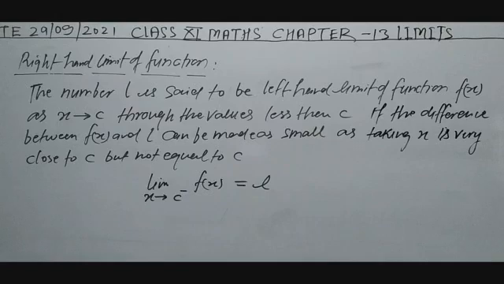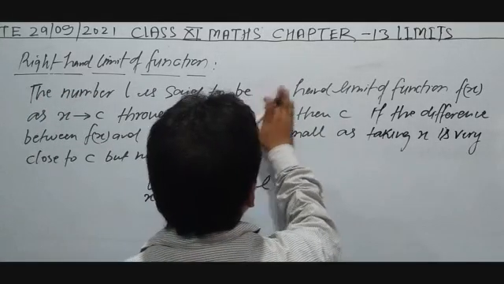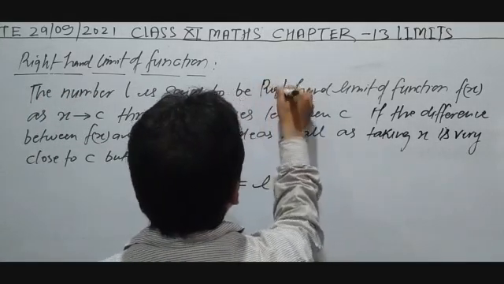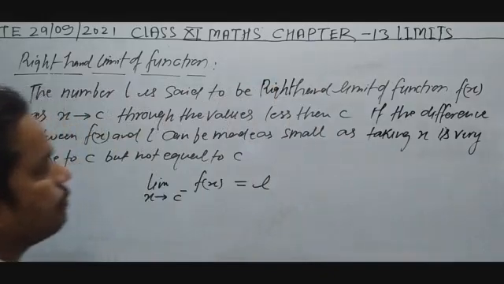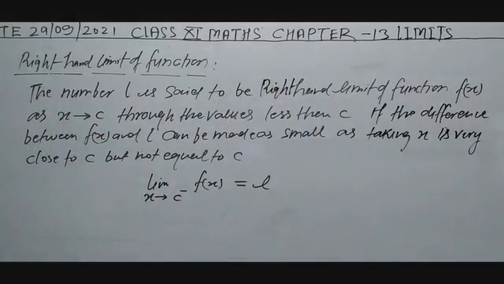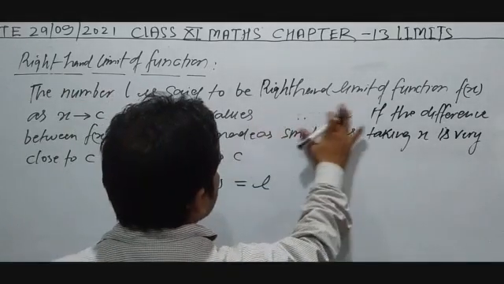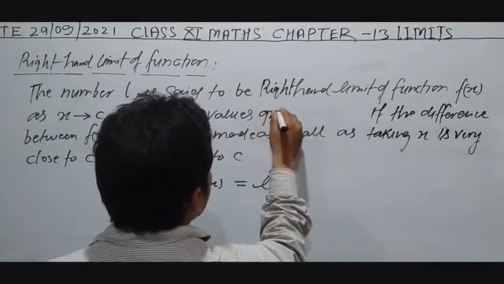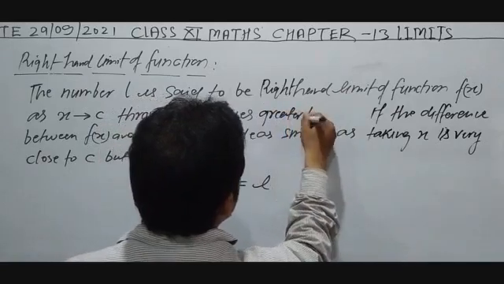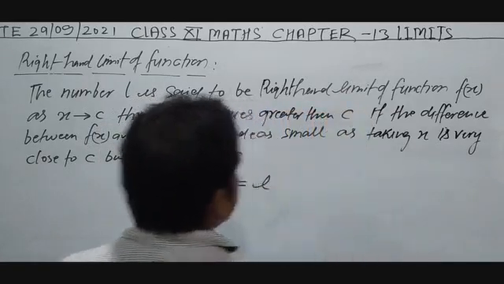The number L is said to be the right hand limit of function f(x) as x tends to c through values greater than c, not less than c.